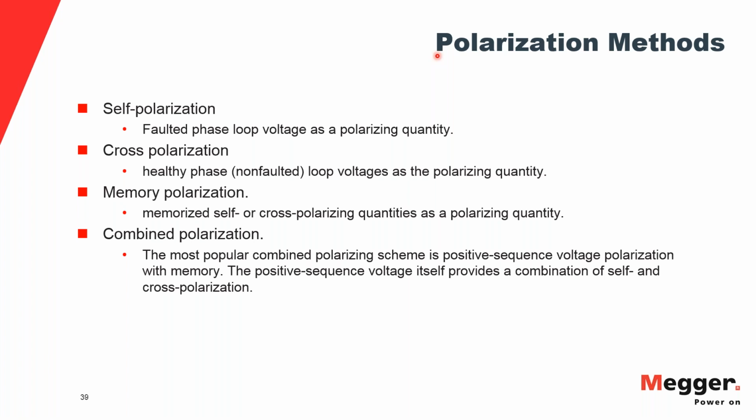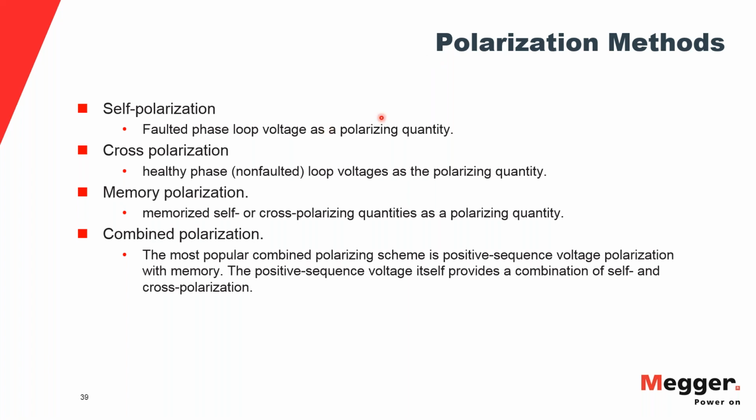That has a problem, which is that usually when you have a fault in a particular phase, the voltage of that phase collapses very quickly, which means that sometimes you do not have enough voltage to compare with the angle of the current in order to determine directionality.